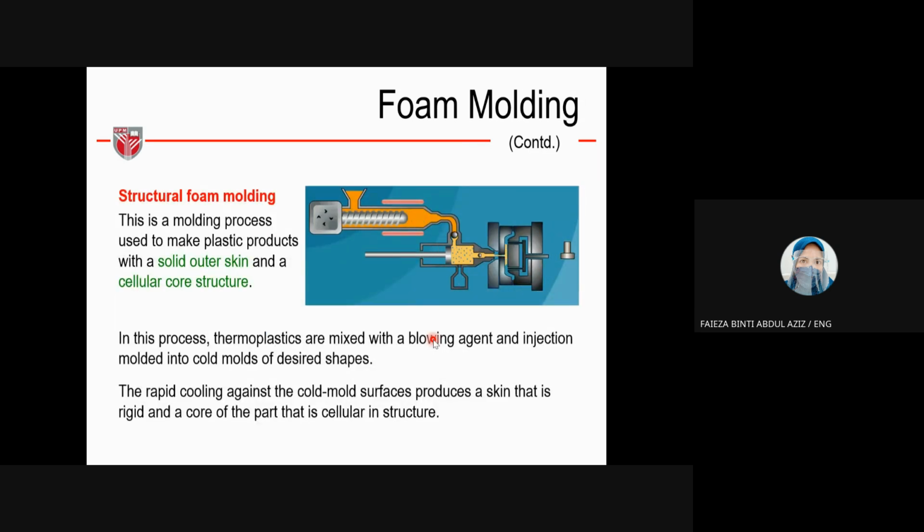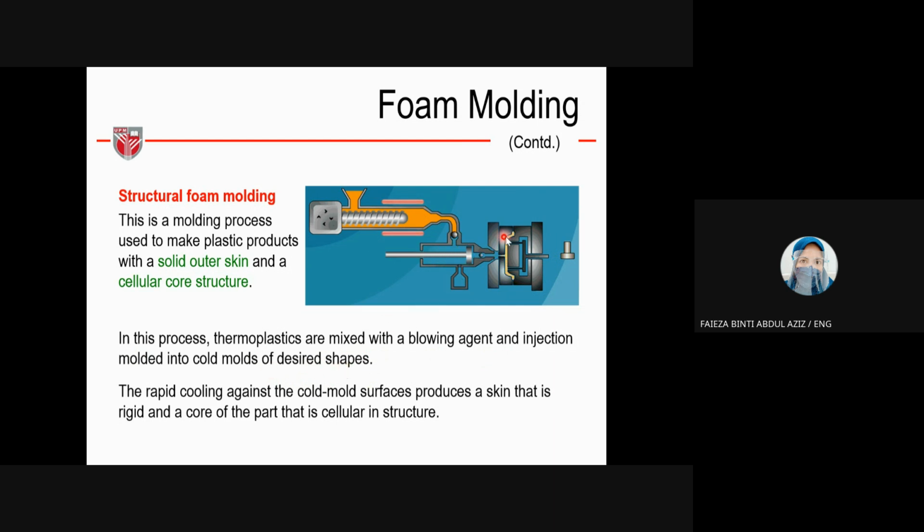The structure for foam molding, as you can see here in the animation. This is a molding process used to make plastic products with a solid outer skin and cellular core structure. Here they inject. In this process, thermoplastics are mixed with a blowing agent and injection molded into cold molds of desired shape.